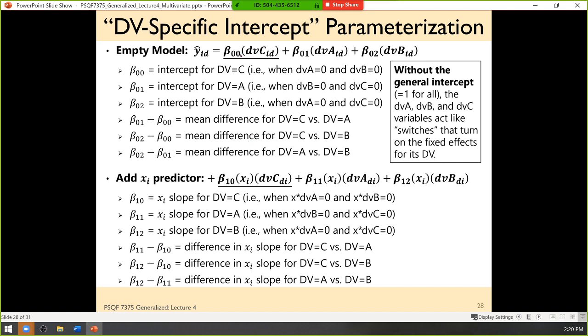The difference here is that beta 0, what used to be the general intercept, now is multiplied by DVC. And the same thing is true down here for what used to be the main effect of X. It's multiplied by DVC. You would then tell the software to take out the intercept that it automatically puts in. There's an option called noint in SAS or noconstant in Stata.